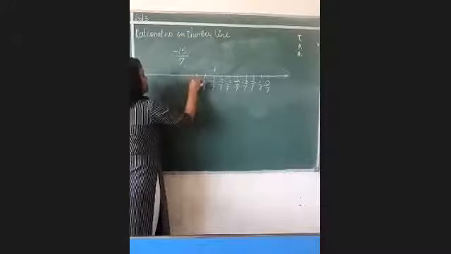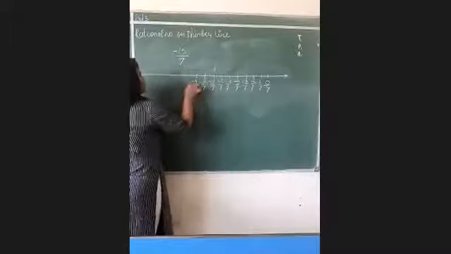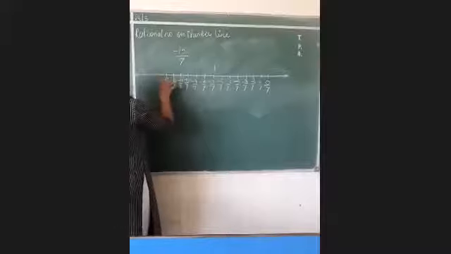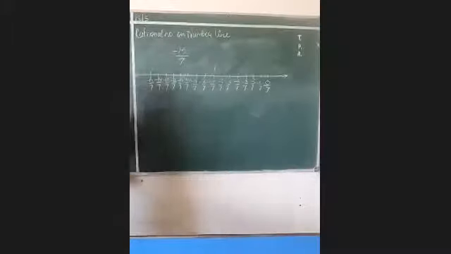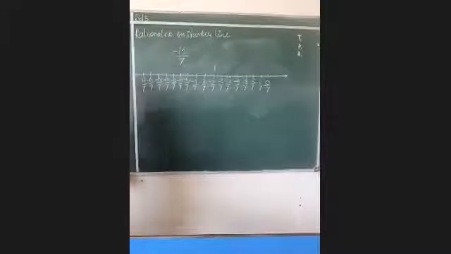-8/7, -9/7, -10/7, -11/7, -12/7, -13/7, -14/7, and now -15/7. And I am taking one more here, -16/7. It is coming up to here in my space, okay?